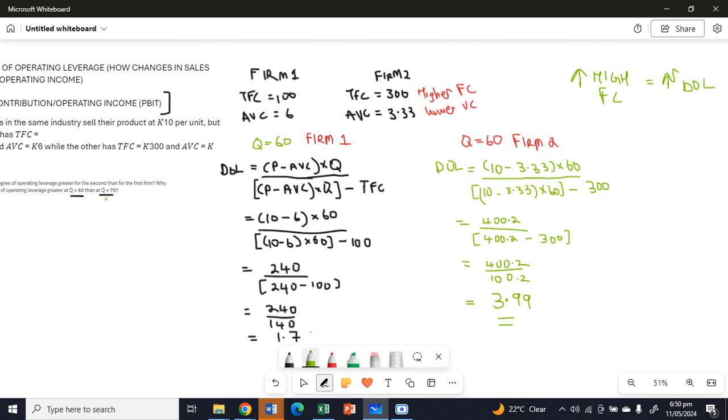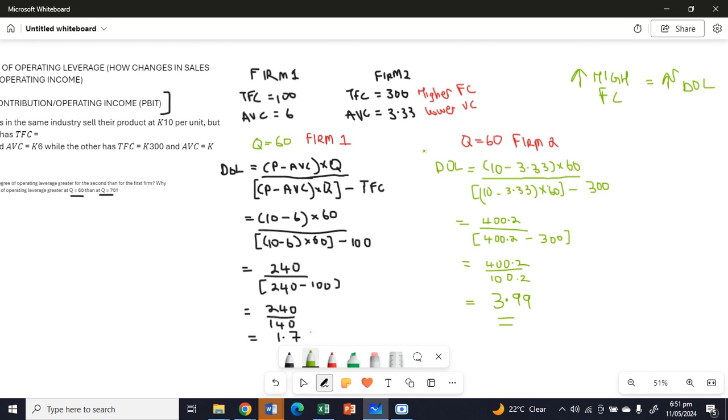We need to compare now when the quantity reaches 70, when we increase the quantity from 60 to 70, and there it's going to illustrate to us the relationship between the degree of operating leverage and the variable costs. For now, what I need you to remember is that fixed costs and degree of operating leverage have a positive relationship, meaning if one goes up, the other goes up.